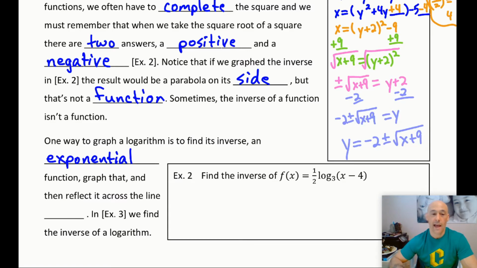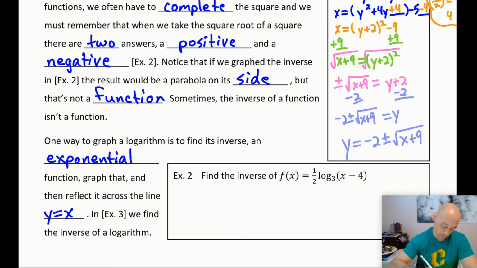Then you graph that exponential function and then reflect it across the line y equals x. The reflected graph would then be your logarithmic function.